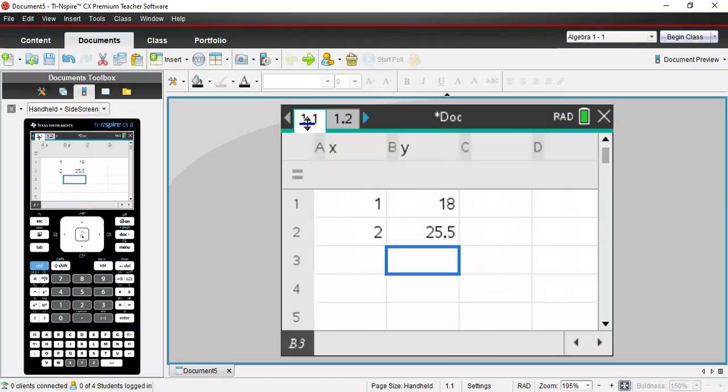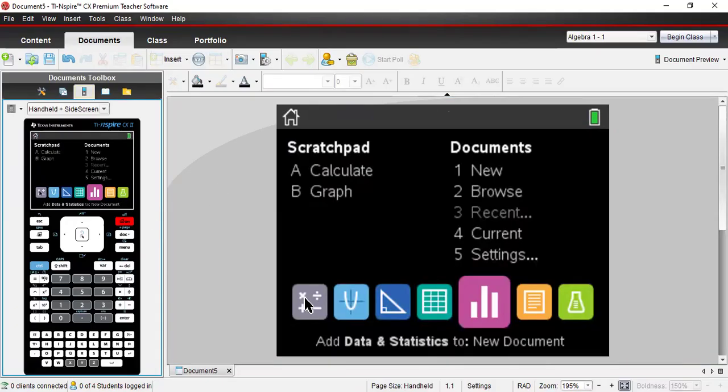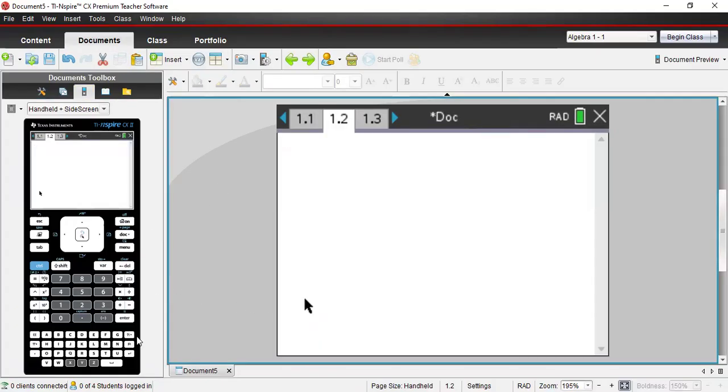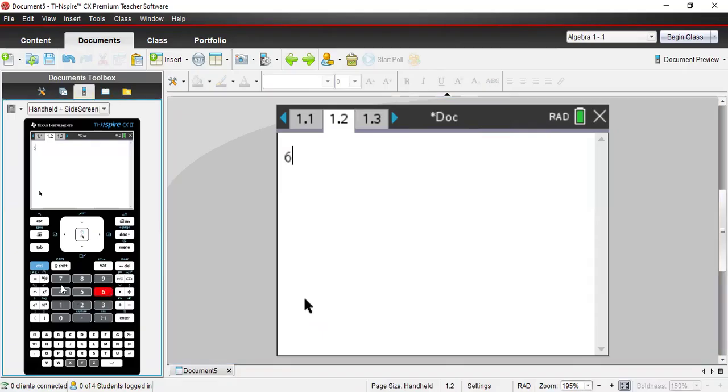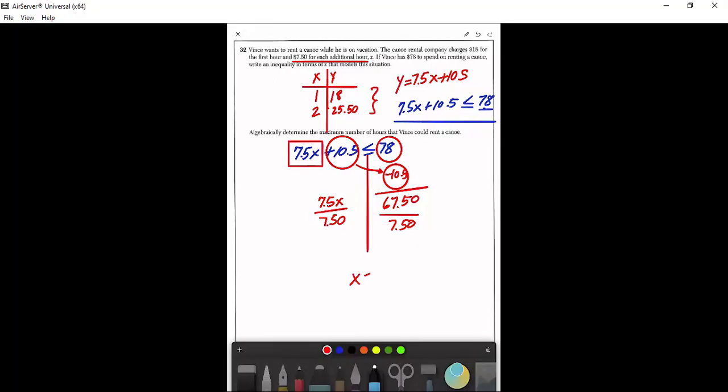We have 67.5 divided by 7.5. And that tells me, oh, I can get 9 hours. So I can canoe for 9 hours.